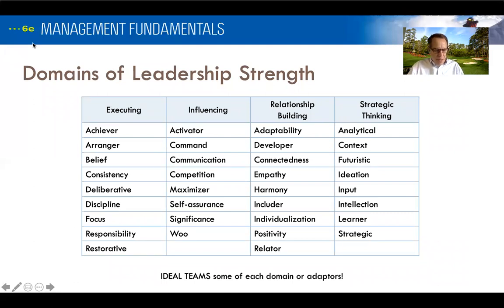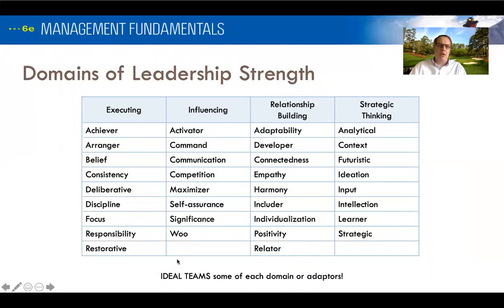And I just wanted to touch on this piece, and we're getting close to wrapping up here, but we've done the Strengths Finder, and as you work with groups and you lead groups, it's important to understand the makeup of your group. As we talked about in the first lecture, just understanding the skills and the assets and the talents of your group members, and understanding where they fit and how they fit. Ideally, these are the 4 domains in the Strengths Finder: executing, influencing, relationship building, and strategic thinking, and where people fall.